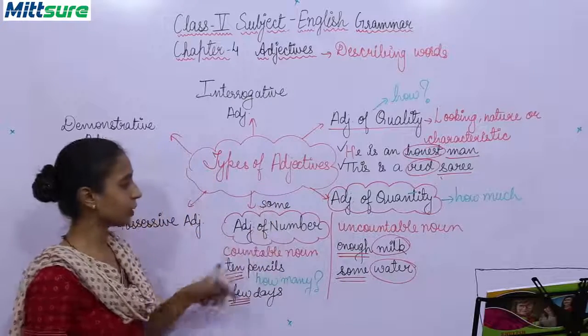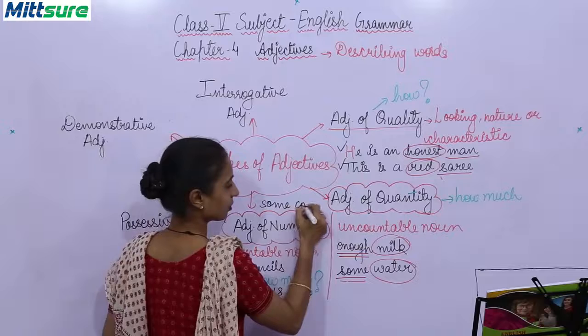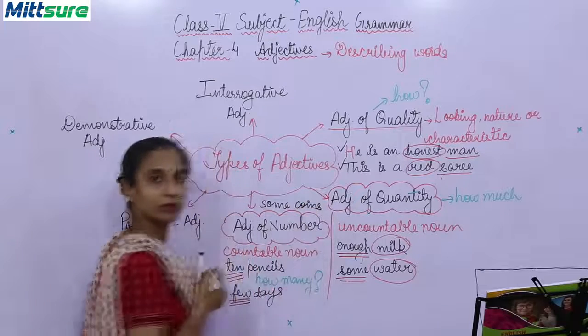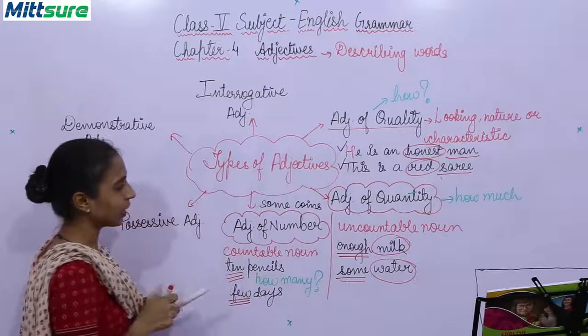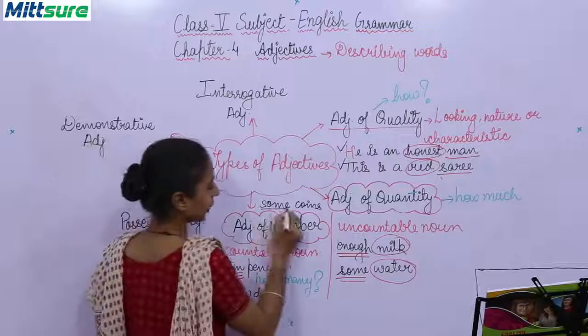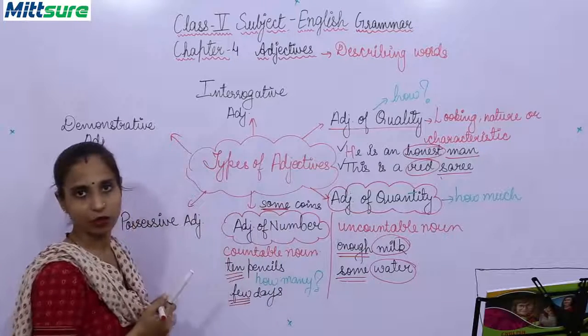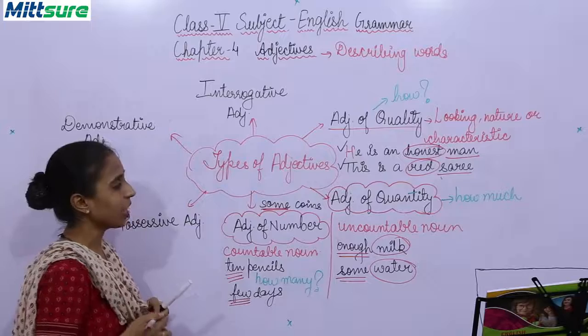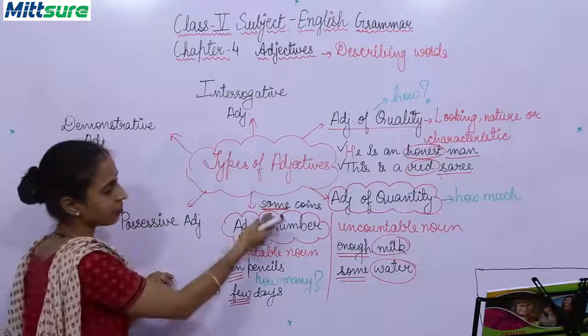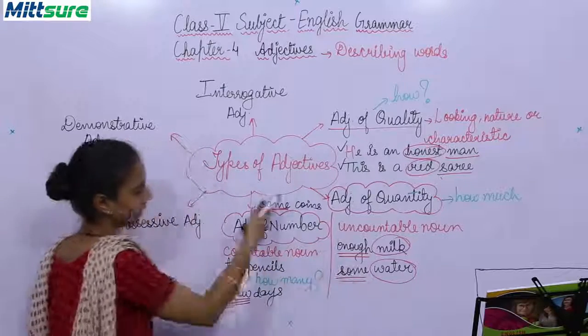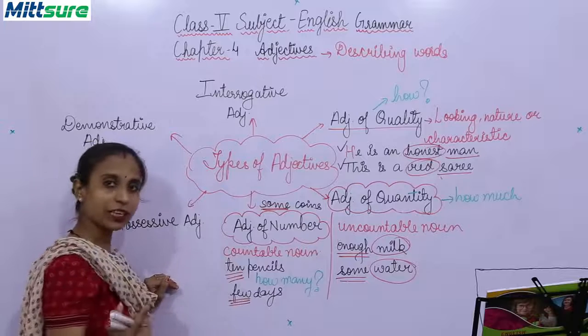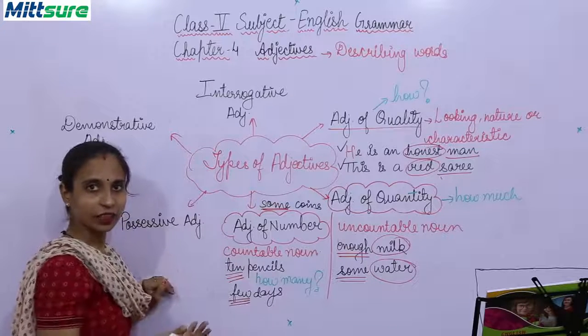And here you will say, ma'am, if we write some coins, then here this some is an adjective of number also. Then you will say, ma'am, how is some an adjective of quantity also and an adjective of number also? One cannot be everything.